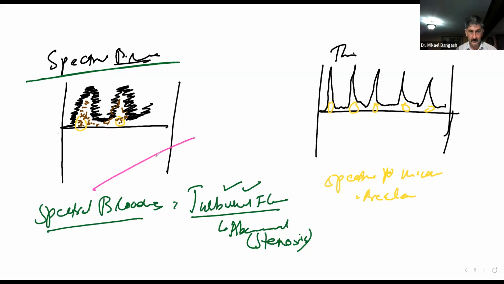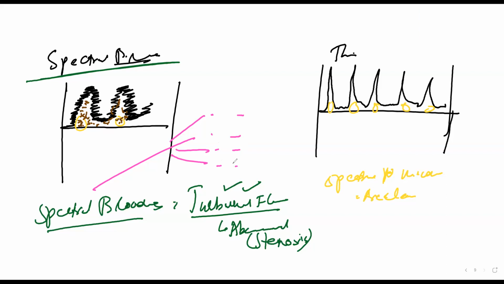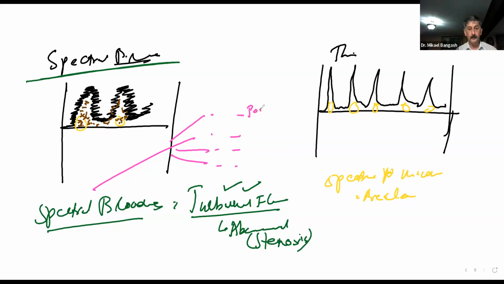Because of those four imposters of spectral broadening. Where we say, okay, poor angle.